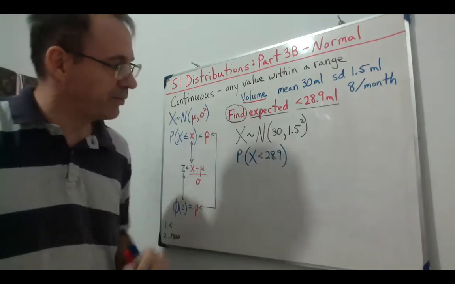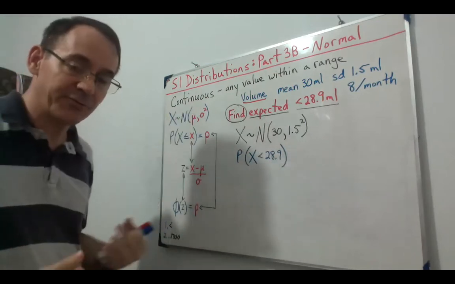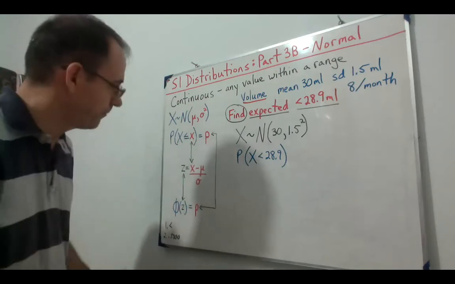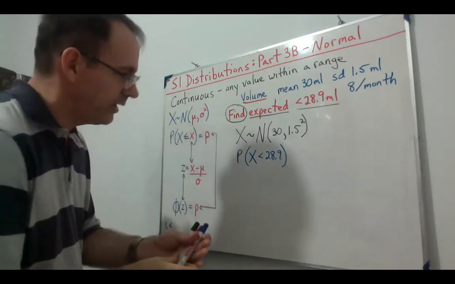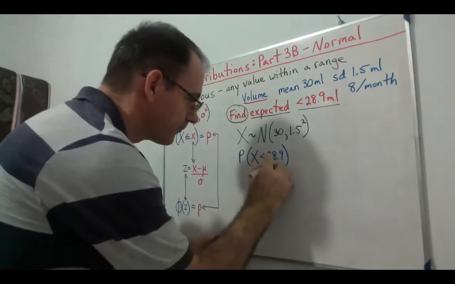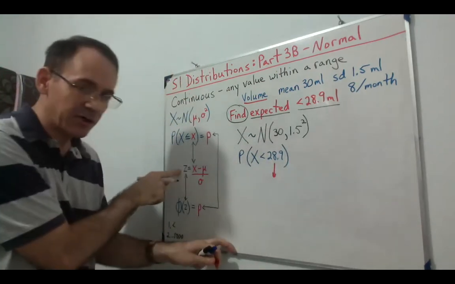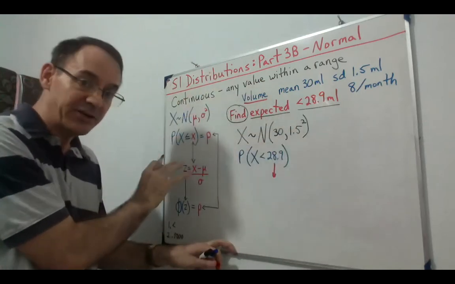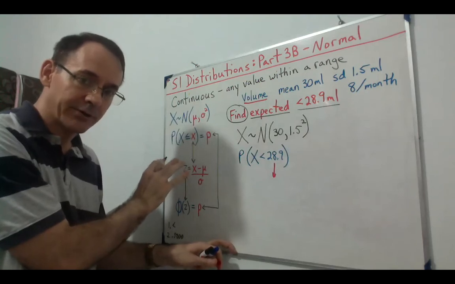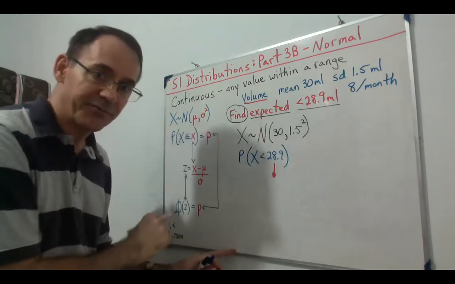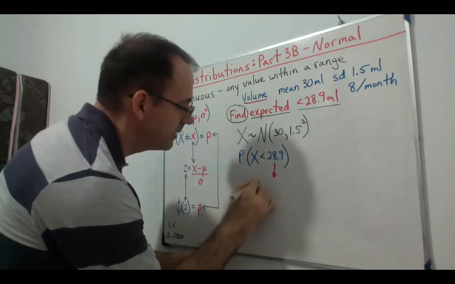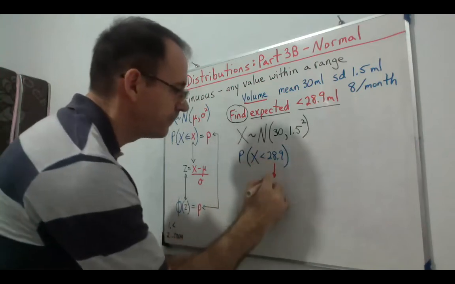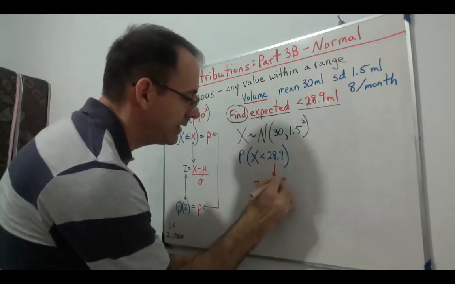Now, to find the probability, this is very straightforward going through our map here. So we have our x value, so we're going to bring this down, and we need to find our z. We need to standardize this data set to our standardized model so that we can then use the phi z chart. So z is going to equal, this is our standardized number that we're looking for, 28.9.